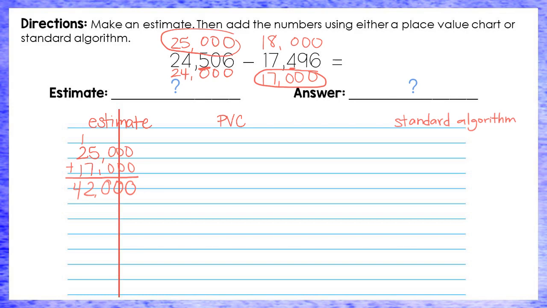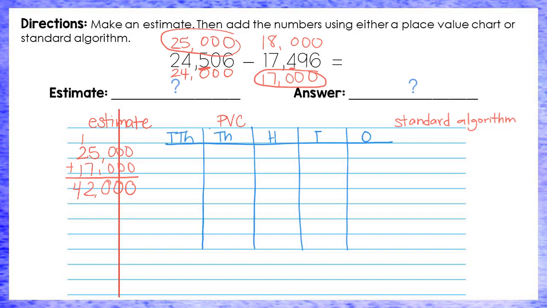Next, we're going to make a place value chart. And because our answer is about 42,000, we need the ones, tens, hundreds, thousands, and 10,000s. Go ahead and draw your place value chart. So I like to write my original problem so that I make sure that I'm not doing my estimate. Because sometimes I see people doing their estimate, but you need to do the original problem in the place value chart.